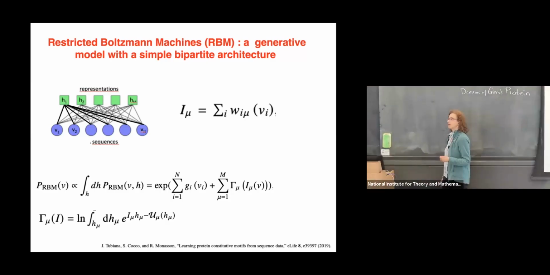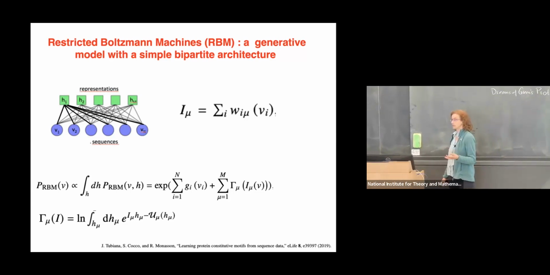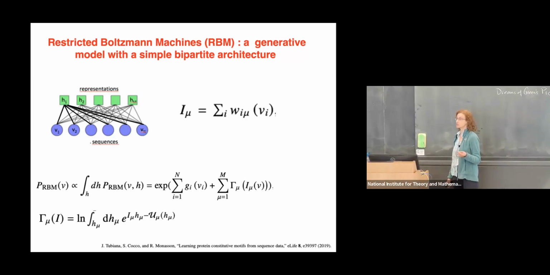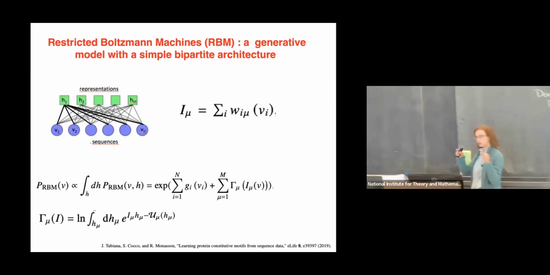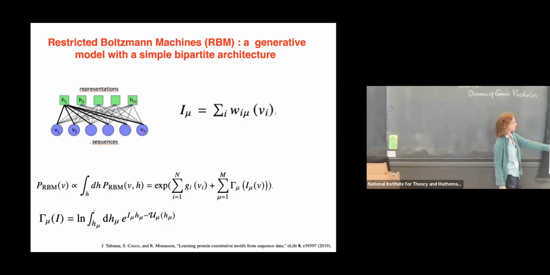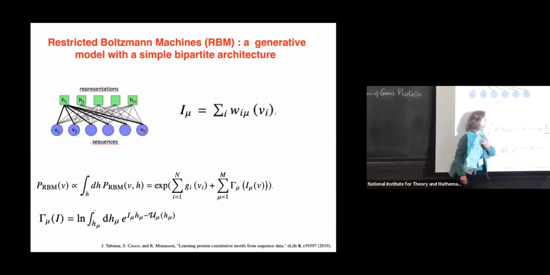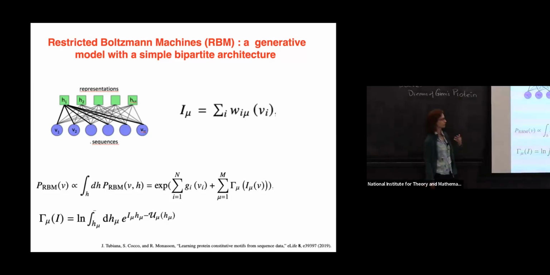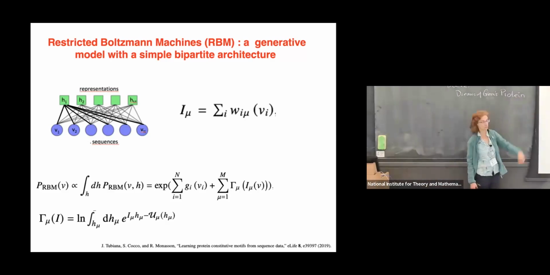When you have more complicated potentials, you have rectified hidden units, which, for example, do not respond if the input is too low and then activate linearly. And we just parameterize this potential with 4 parameters for each hidden unit.